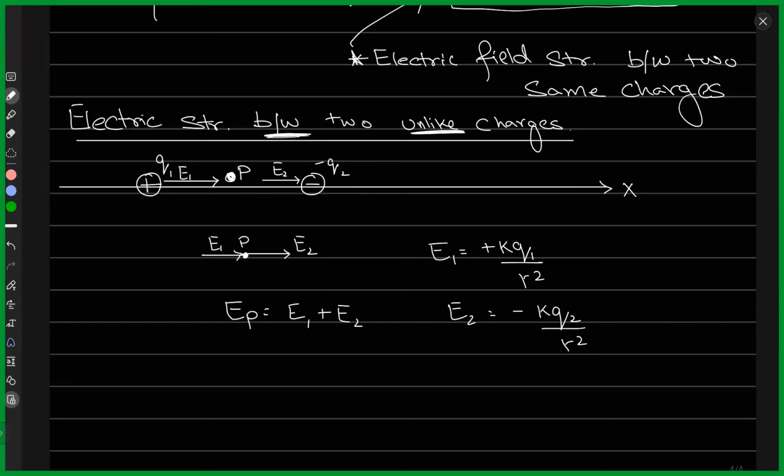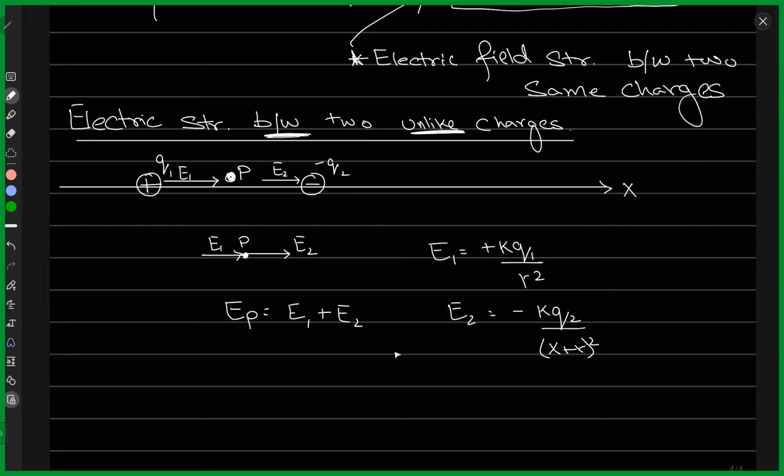Now, the next step is just to put these things in the value of EP. But am I missing something? Can anyone tell me, am I doing something wrong over here? Yes, exactly, right? So it should be x plus r squared, right?